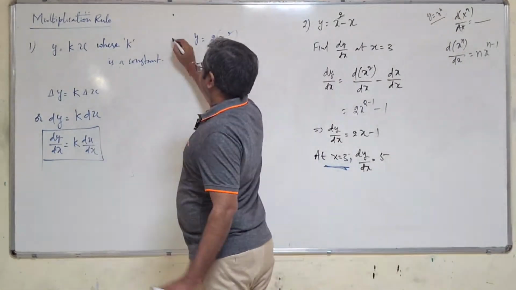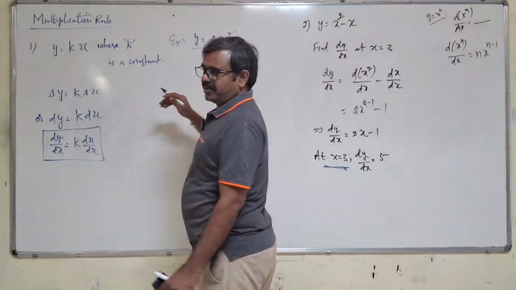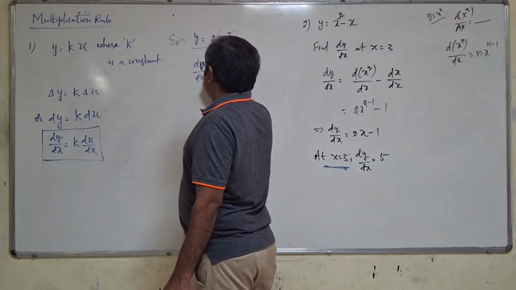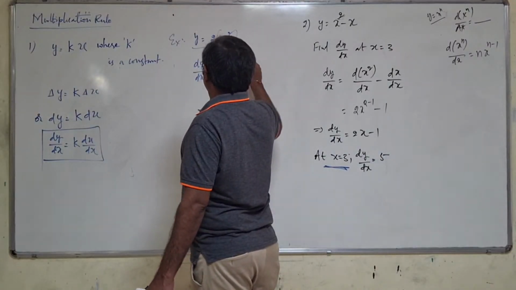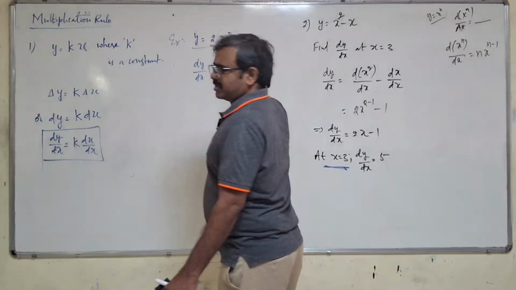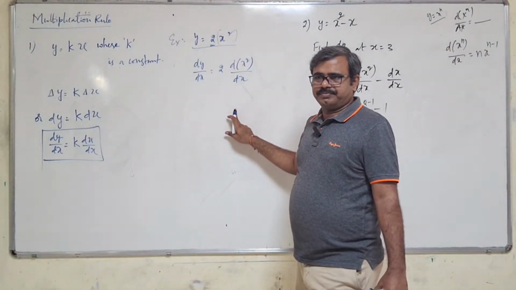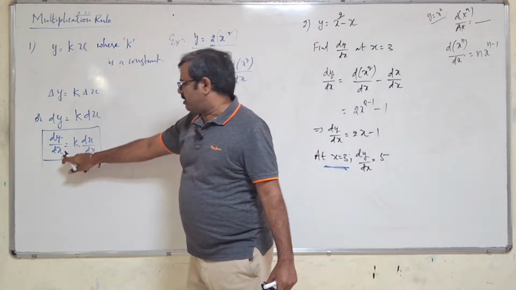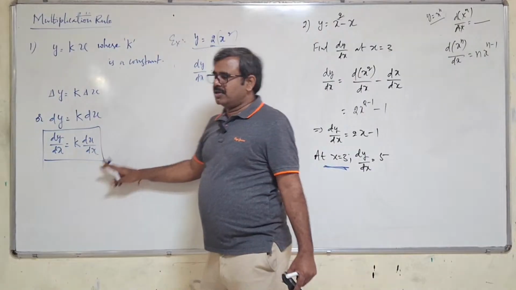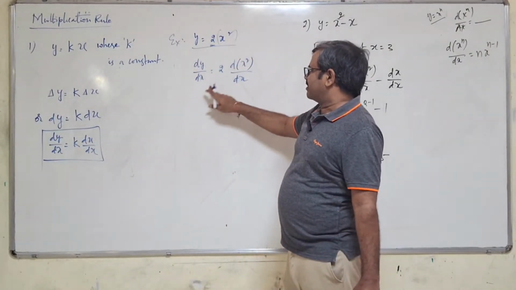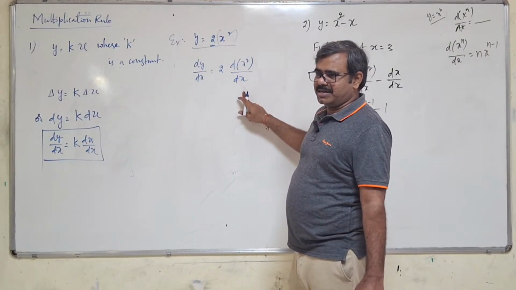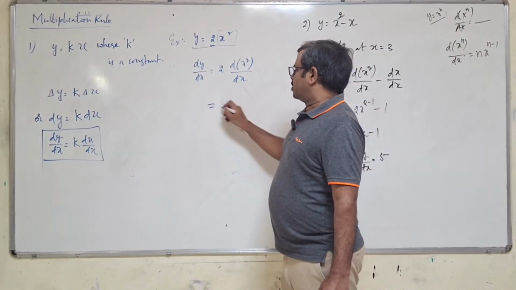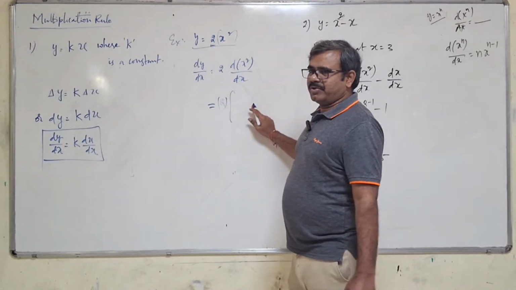Look at this example. y is equal to 2x square. So dy by dx is equal to 2 times d(x square) by dx. You understand what I'm writing here? If y is equal to ku, dy by dx is k du by dx. So if y is equal to 2x square, dy by dx is equal to 2 d(x square) by dx. So this is equal to 2 into, what is d(x square) by dx?